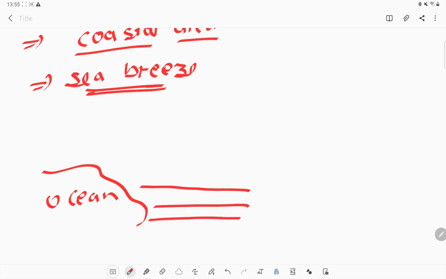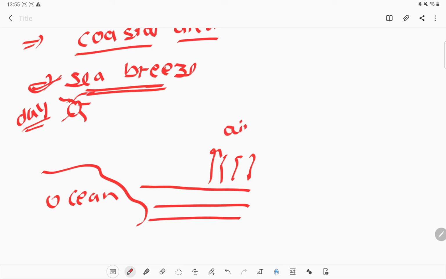During the daytime there is sun here, so the land will get heated up first. Because of that heat, the air present above the land becomes more hot and rises up.